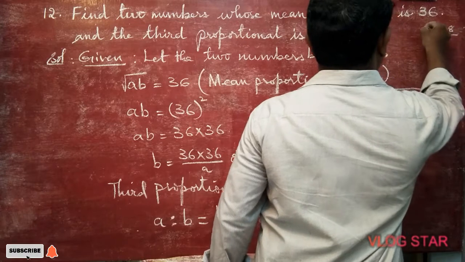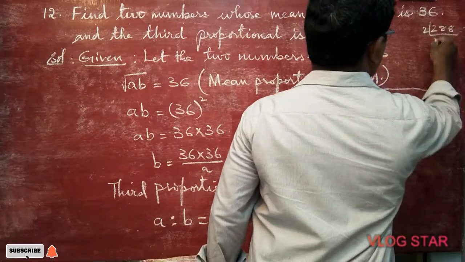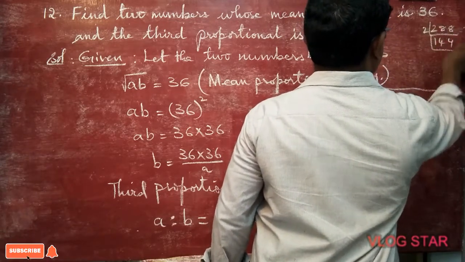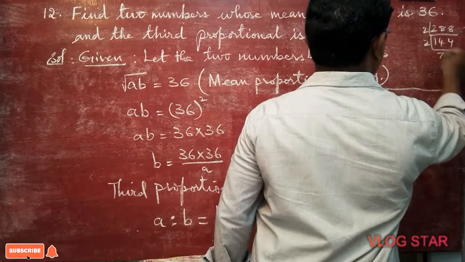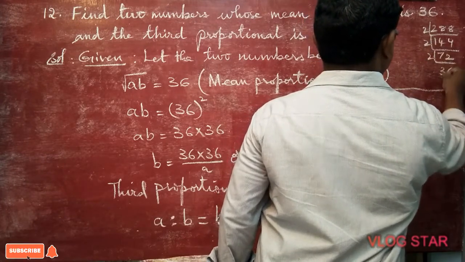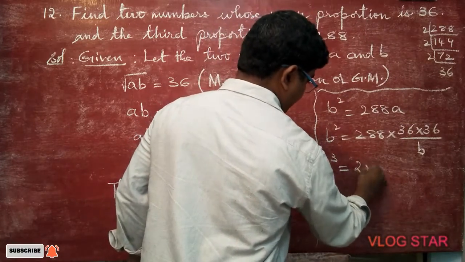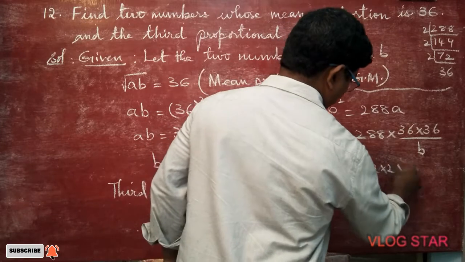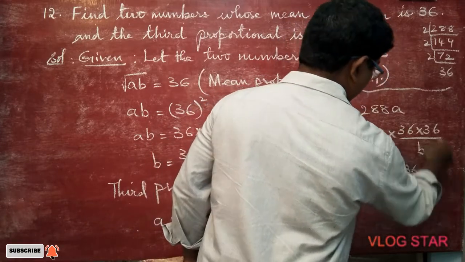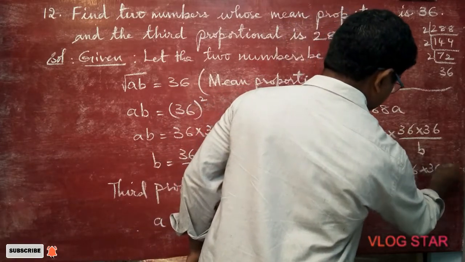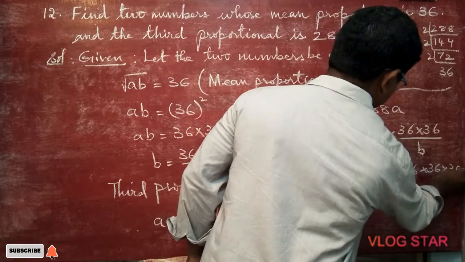288. 2 table goes 144 times. 2 table goes 72 times. 2 table goes 36 times. Easy way I am solving. 2 cube, 2 into 2 into 2 into 36. Here 2 more 36s are there. 36 into 36.